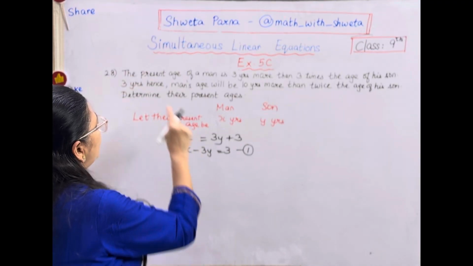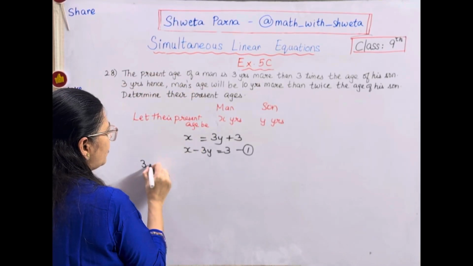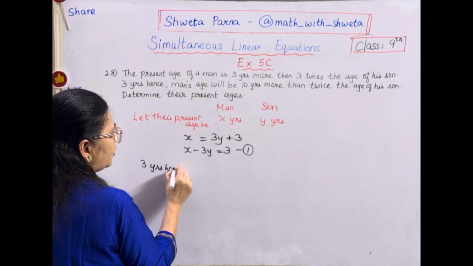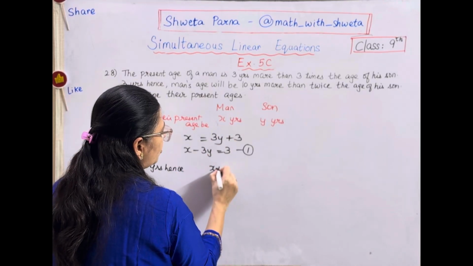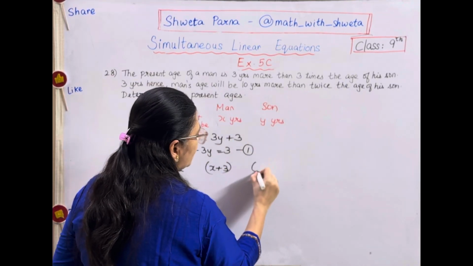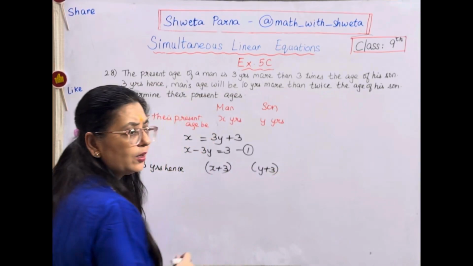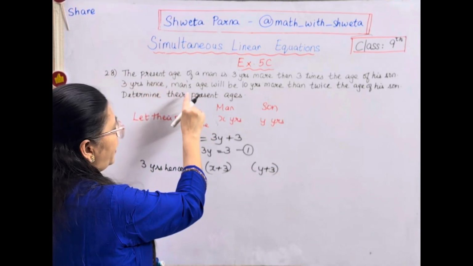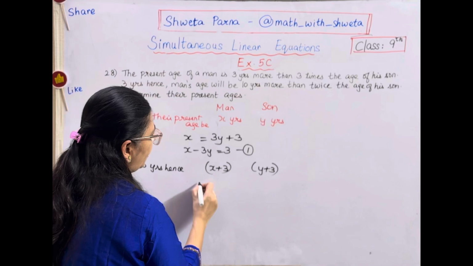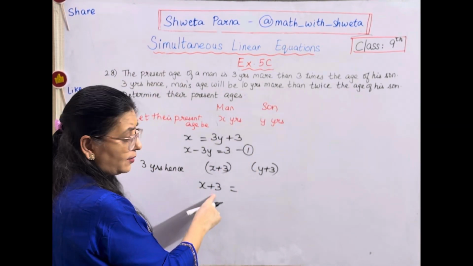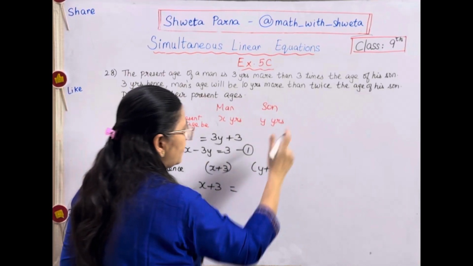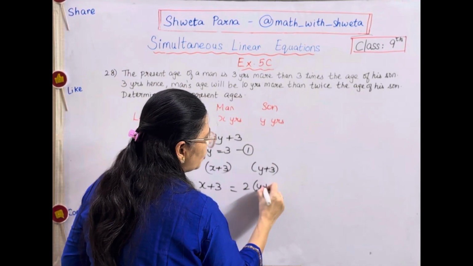Okay. Now next. 3 years hence. 3 years hence, what were the ages? 3 years hence means after 3 years. After 3 years, the man's age will be x plus 3 and the son's will be y plus 3. Okay. 3 years hence, the man's age will be 10 years more than twice the age of his son.